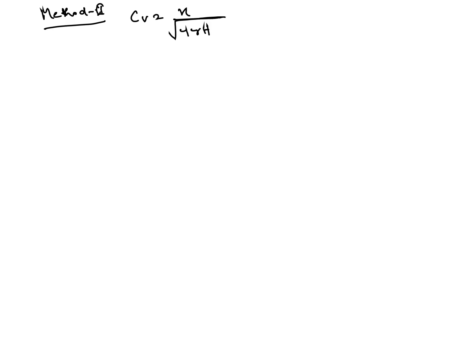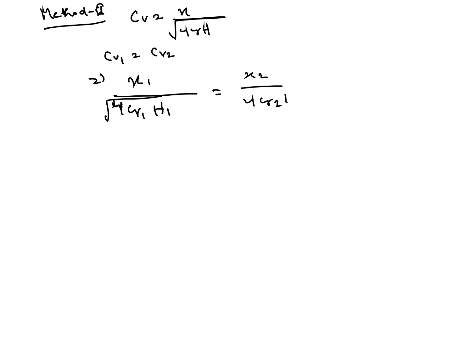In both cases, Cv1 equal to Cv2, so x1 by root over 4y1 h1 equal to x2 by root over 4y2 h2.